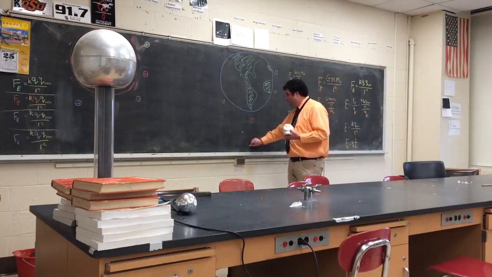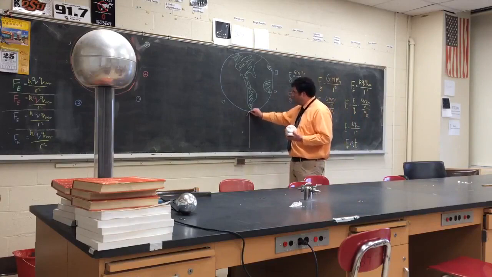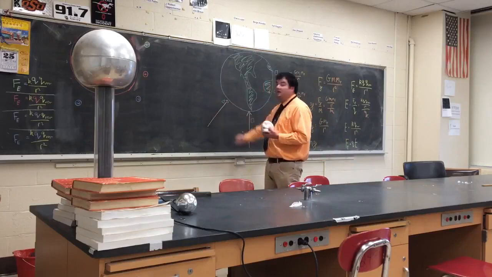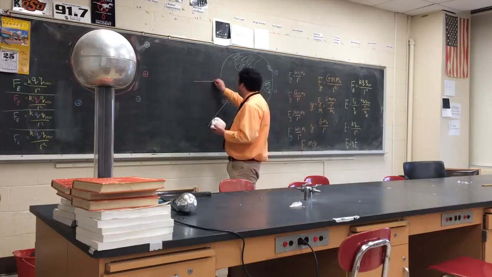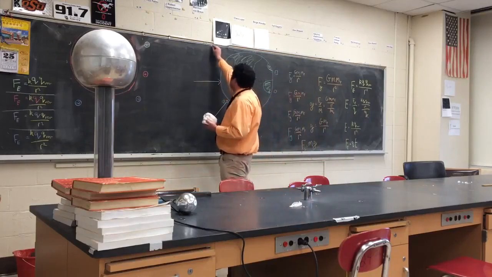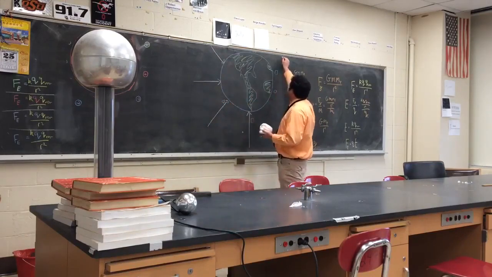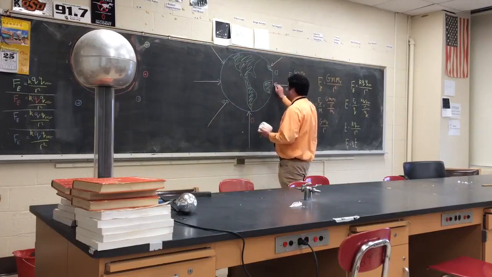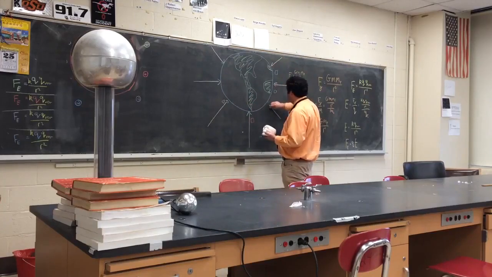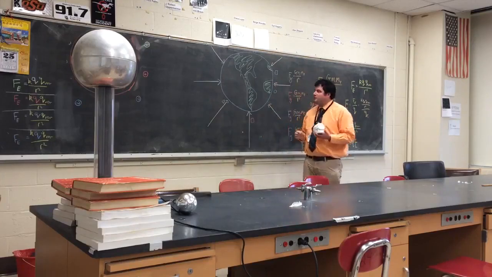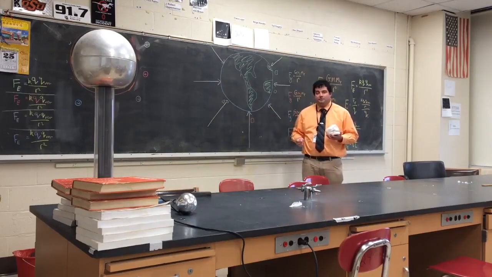I'm going to draw lines going into the Earth, evenly spaced around the Earth. And what this represents is how strong the force of gravity is at various distances from the Earth.